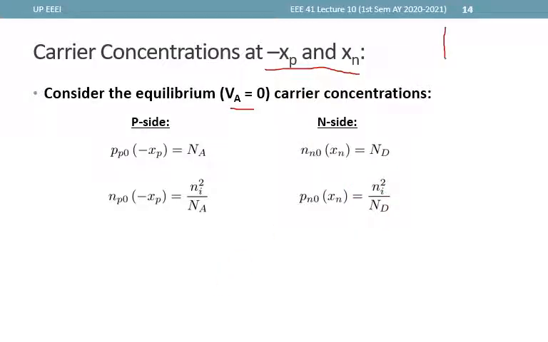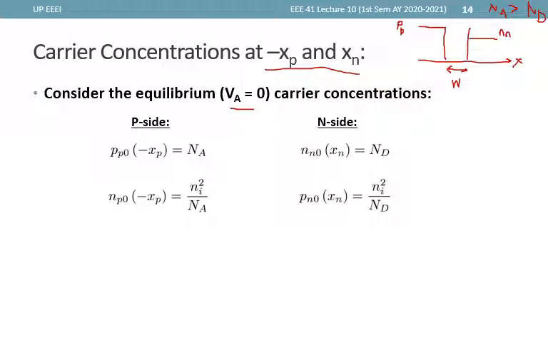Plotting that, let's say we have N_a greater than N_d, and say this is x, and we have the depletion region right here at thermal equilibrium. Since N_a is greater than N_d, then this should be p_P, and this should be n_N.